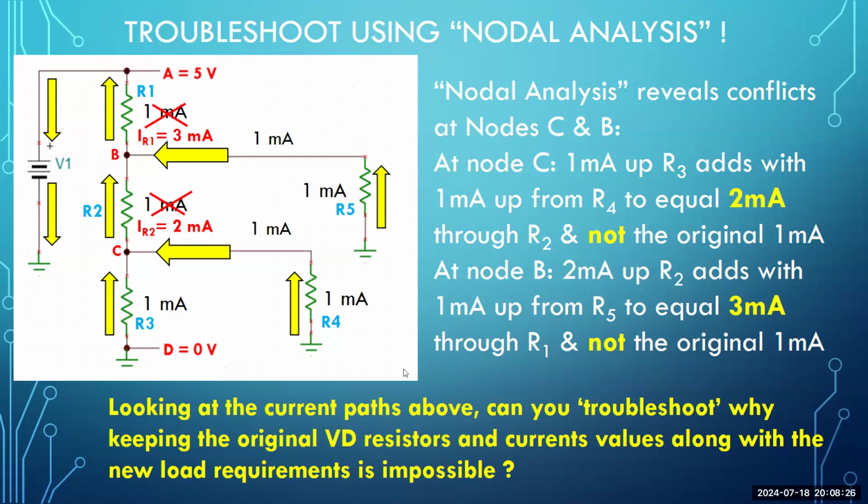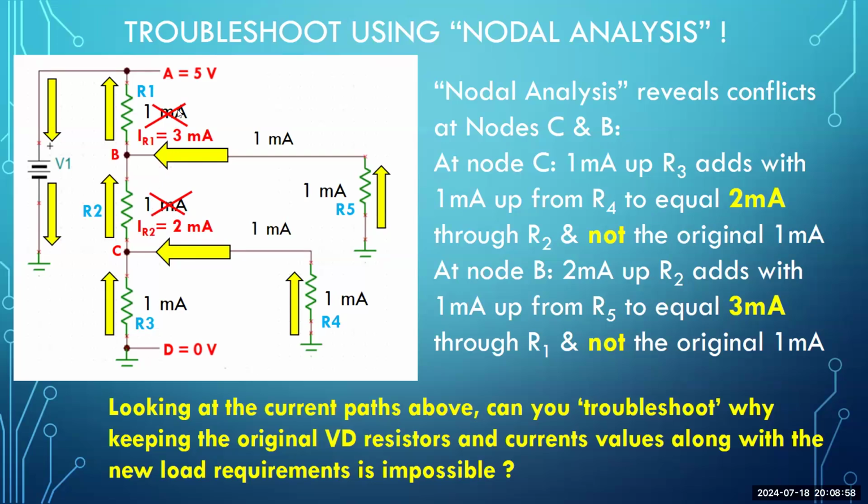So here we go. Think about this. Look at this carefully. Looking at the current paths above, can you troubleshoot why keeping the original voltage divider resistors and current values along with the new load requirements is impossible? And you can see through nodal analysis, it is impossible. We cannot keep the original 1 milliamp going through R2 because nodal analysis says the new current is going to be 2 milliamps.